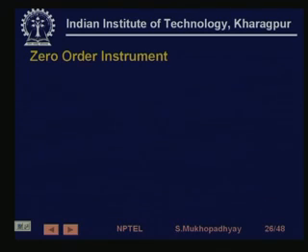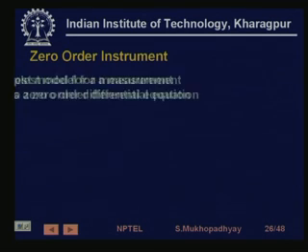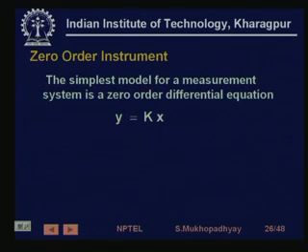So accordingly, we have various kinds of instruments. So we start with the simplest, which is the zero order instrument, whose characteristic is given by y equal to kx. So it is assumed that for the kind of inputs that are relevant to that sensor, the output is instantaneously equal to the input. So it's like a resistance, you just apply a voltage, you immediately get a current.